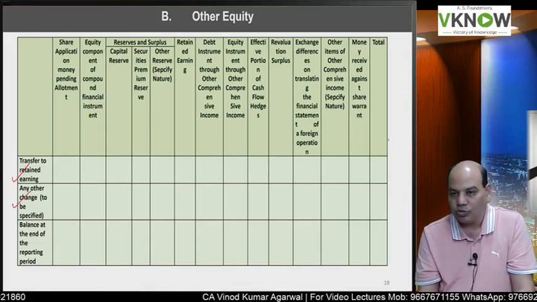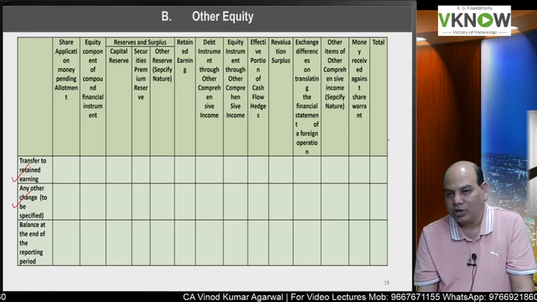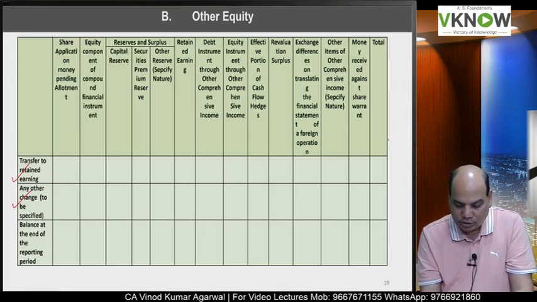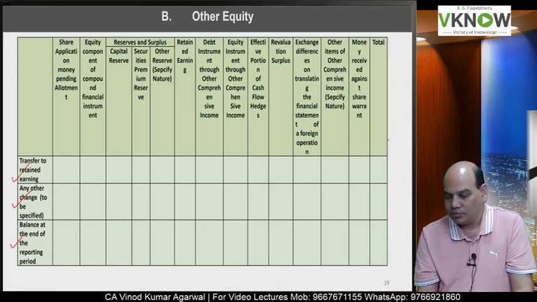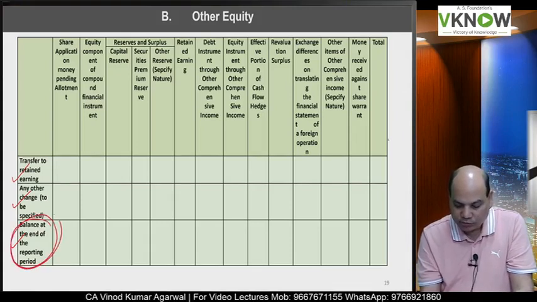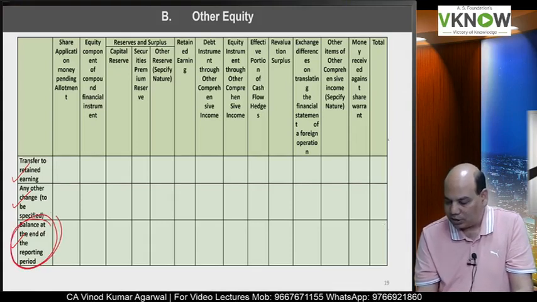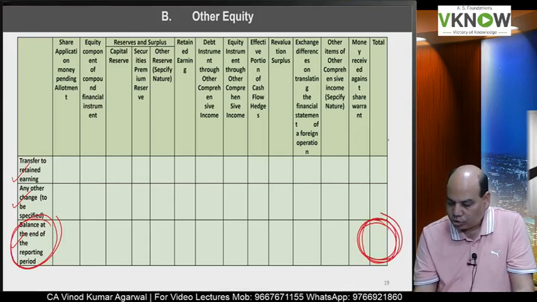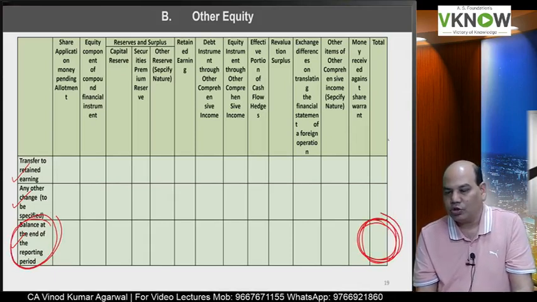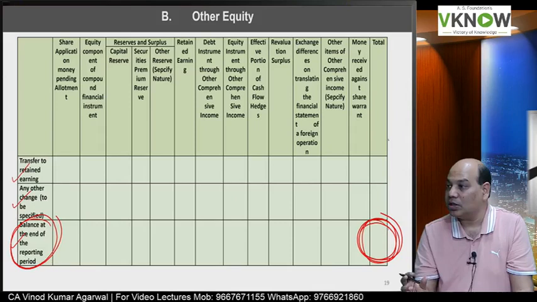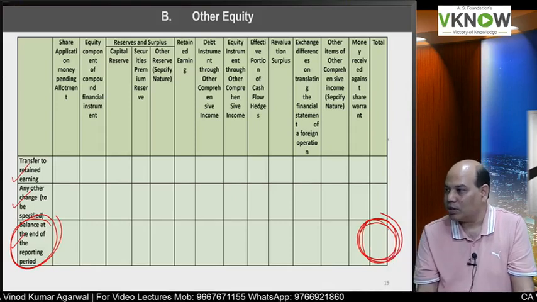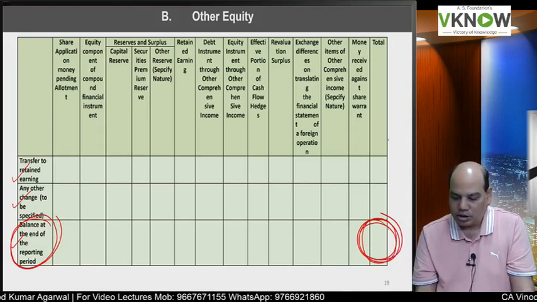Any other change to be specified, whatever any other item, for example, conversion of debenture into share or whatever, and then you will get the closing balance. This closing balance will be transferred to balance sheet by taking the total of all these reserves. So it will appear in the balance sheet as other equity.